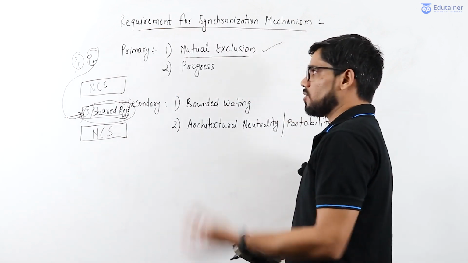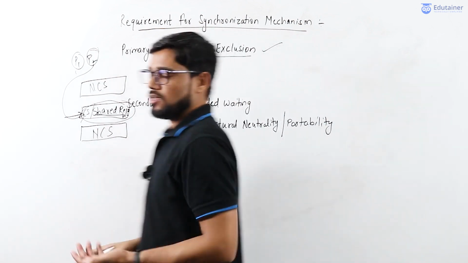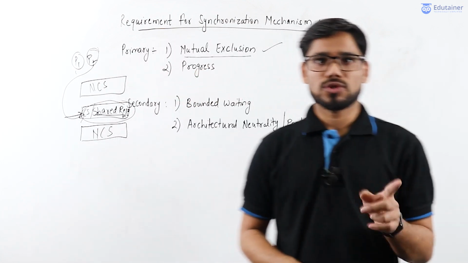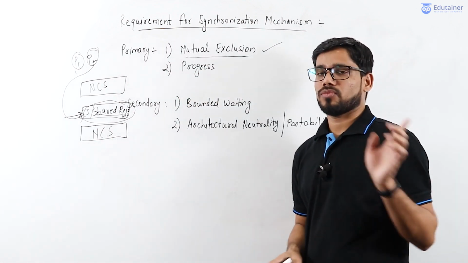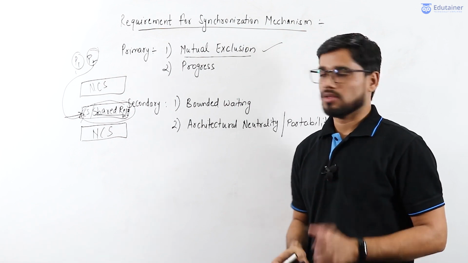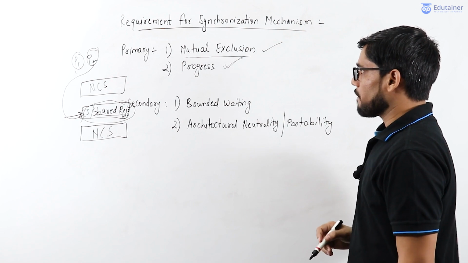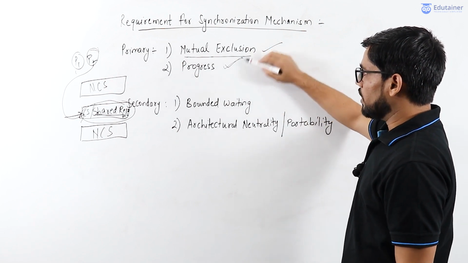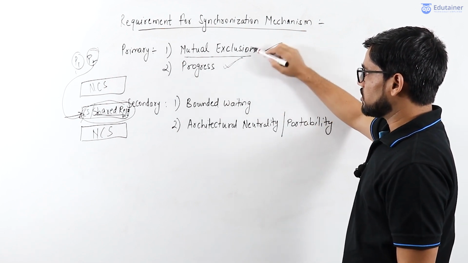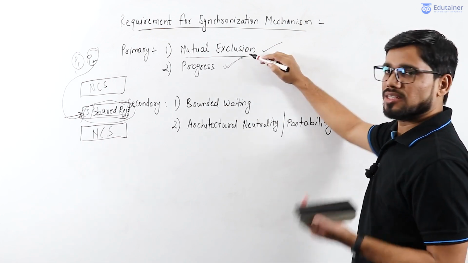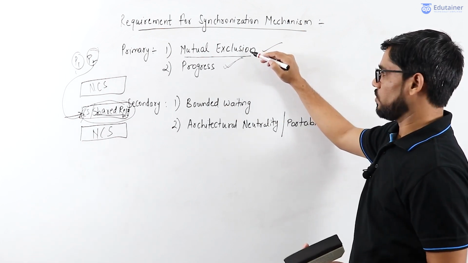So if some other processes are not interested in accessing the critical section or shared resource, then they will not stop or force others to stop using shared resources. So this is the second primary condition, progress. And these two are the main conditions, it is compulsory and you can say necessary for a synchronization mechanism technique.